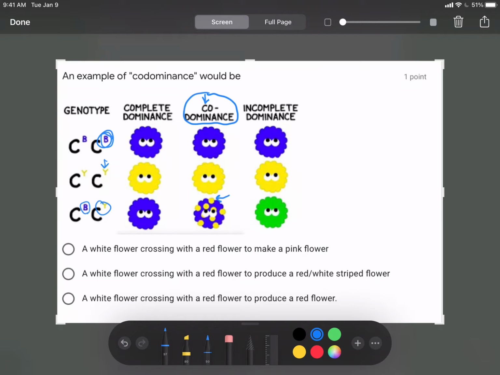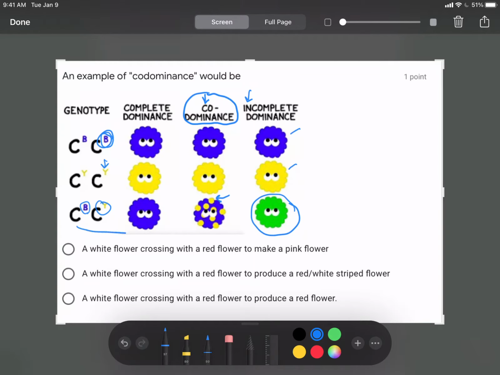In incomplete dominance, neither gene is dominant over the other, and they blend together. Okay, so you go from a blue and a yellow, and those two will blend in to create a green. So those are the different setups, and that's how they shake out in terms of the genotype to phenotype.